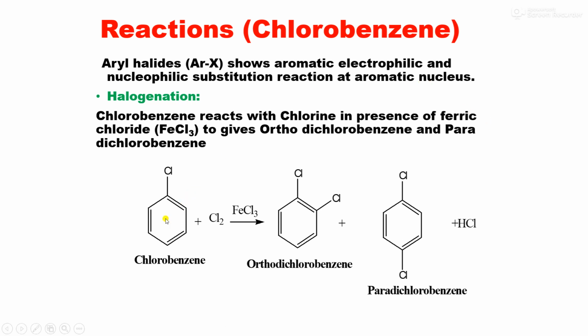This is a chlorobenzene. When reacted with Cl2 in presence of Lewis acid catalyst FeCl3, it gives orthodichlorobenzene and paradichlorobenzene.